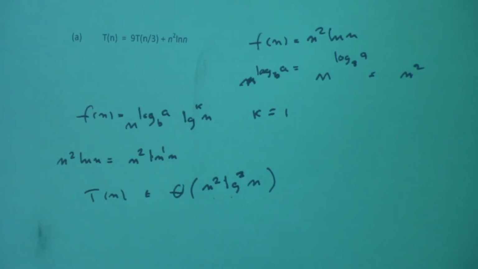So when we have that, this is case number what? For master algorithm, case 2. So n squared log n is equal to n squared log first power n. Therefore our complexity should be n squared lg second power n. And I think most of you get that also. Which is good. Any questions?